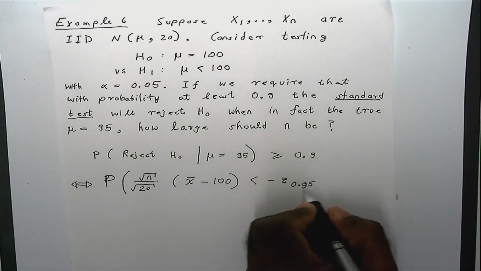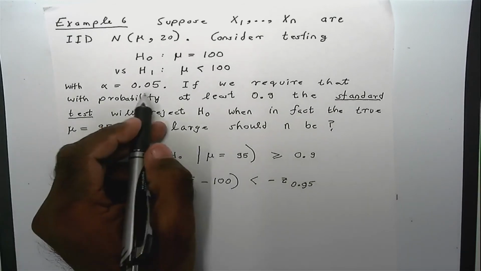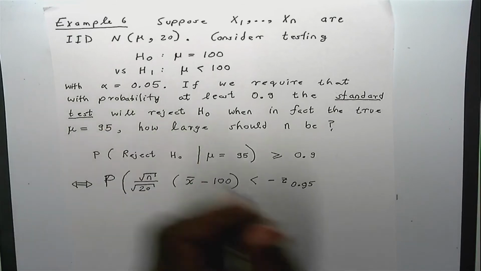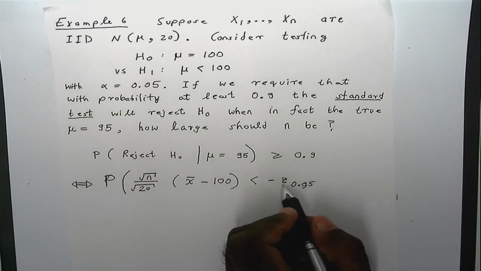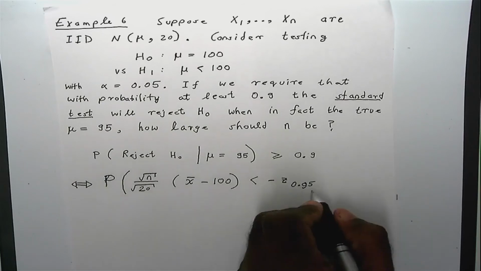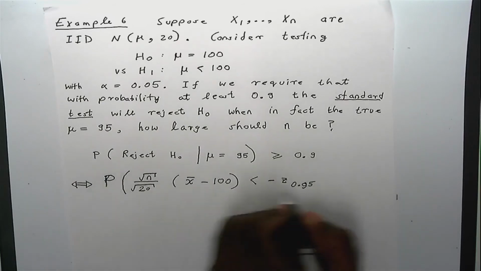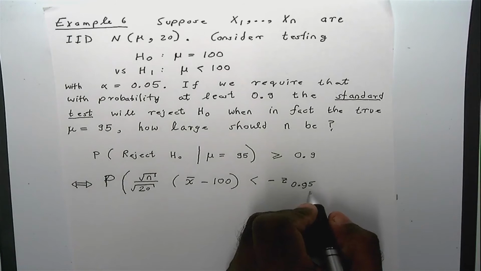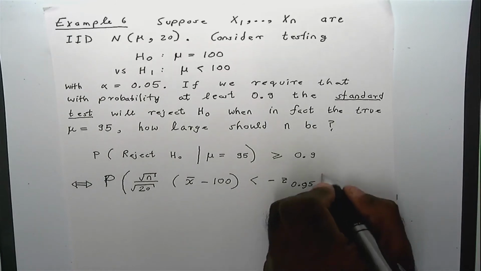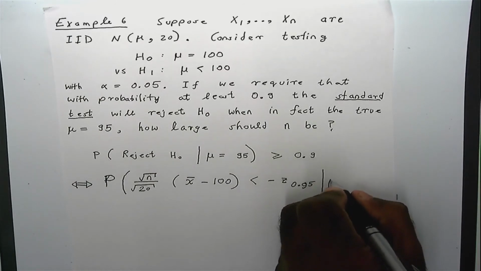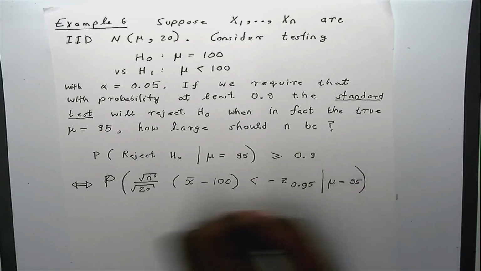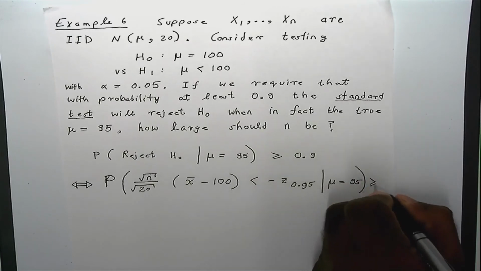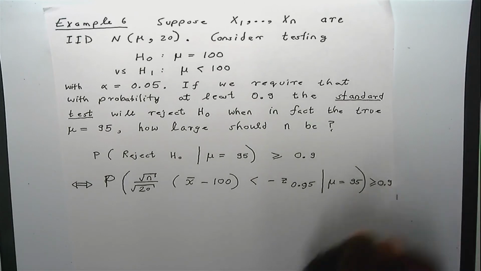This is 1 minus alpha. Alpha is given to us as 0.05, so 1 minus alpha is 0.95, right? So this is the standard test for rejecting the null hypothesis, and given that mu is equal to 95, we want this probability to be at least 0.9. Okay.